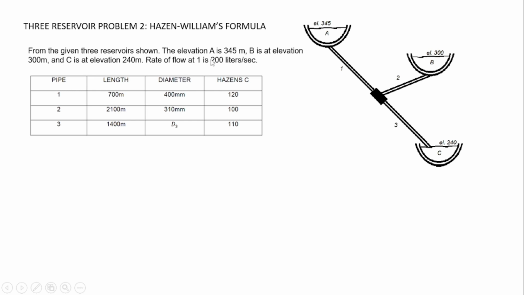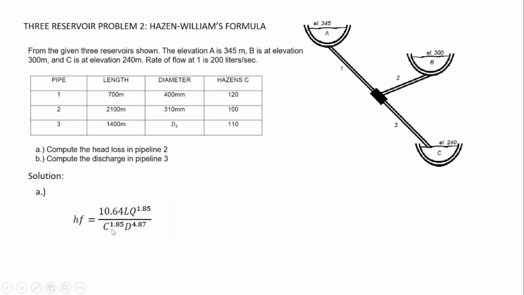Then the rate of flow at 1 is 200 liters per second. Question A is to compute the head loss in pipeline 2 and the discharge in pipeline 3. In the table we are given the properties of pipes and the Hazen-Williams coefficient C.